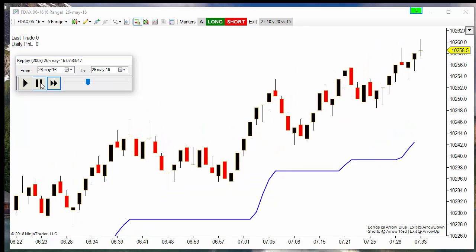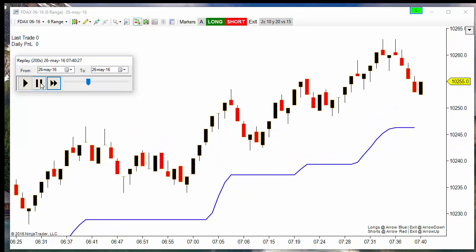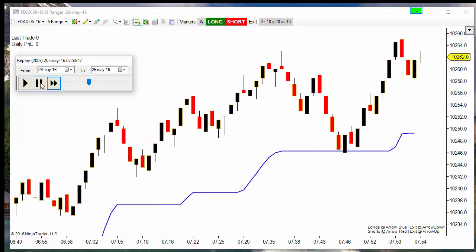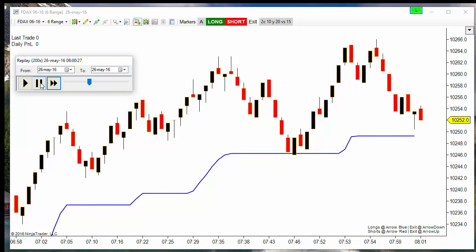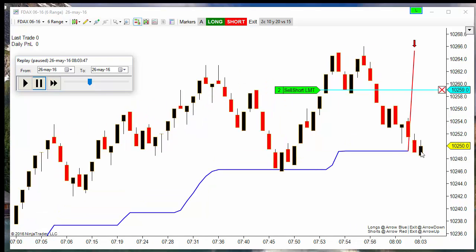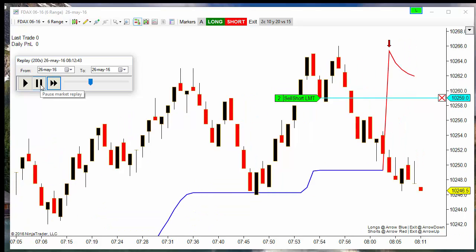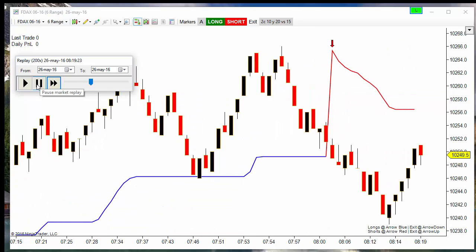Now let's see if this works for a short. We have a short signal and a short limit order, a sell limit, 15 ticks from the low of the signal bar. Order cancelled.